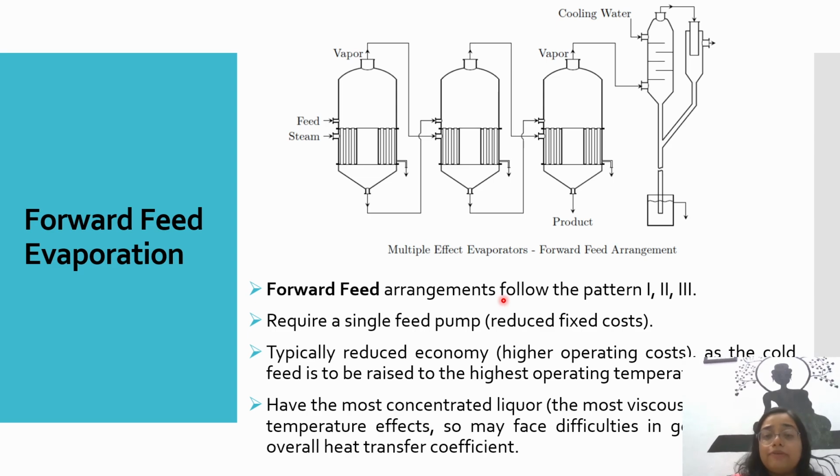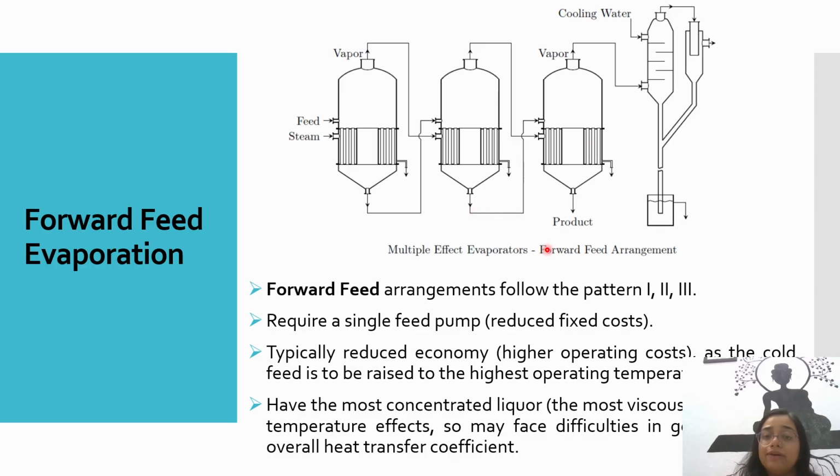Suppose we have taken a very viscous fluid as feed. Initially it is very viscous. As it is being concentrated, the feed becomes more viscous, and the concentrated liquid we get from effect 2 will be much more viscous.